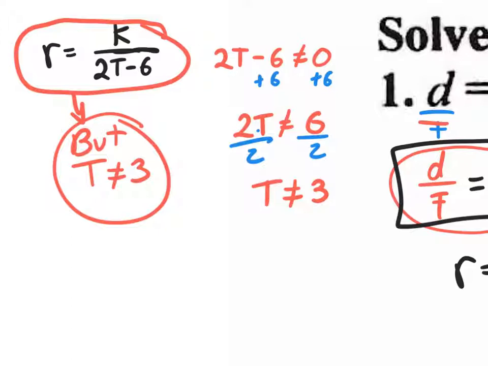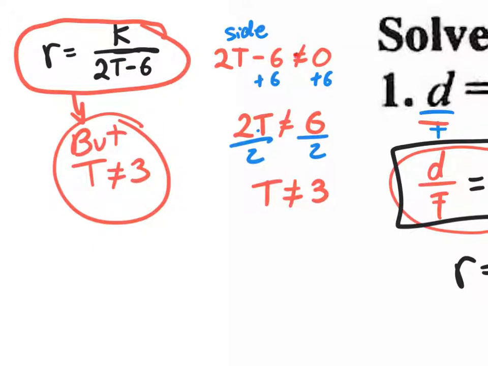But once you get an answer, let's say this were my answer, in addition to the answer, you want to make sure that the denominator doesn't end up being 0. So what's my denominator here? It's the whole thing, 2t minus 6. So on the side, you're going to write down 2t minus 6 cannot be 0. There it is.